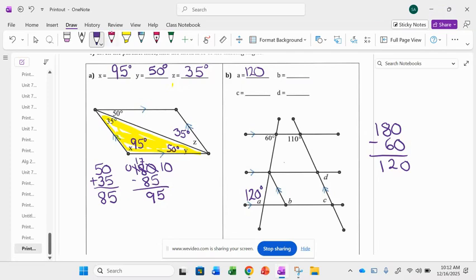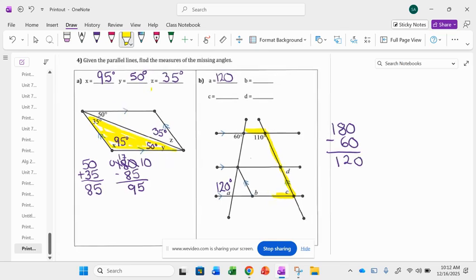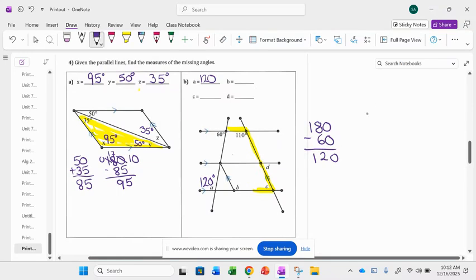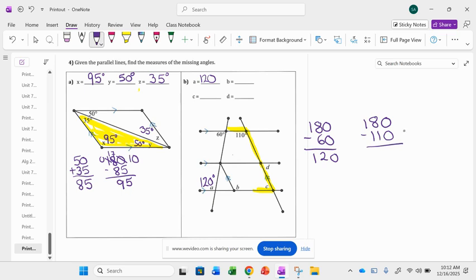I'm going to go to angle C. The reason I'm going to go to angle C, because I noticed the C and the 110, I can connect those. So I know if I could trace the 110 and I could trace the C, I could connect those and I can make a letter. What letter did I make there? Another C. And now C adds to 180. So I'm going to do 180 minus 110, and we get 70.